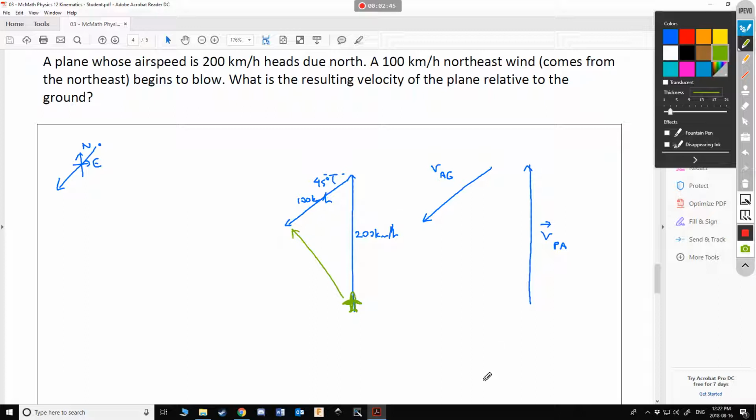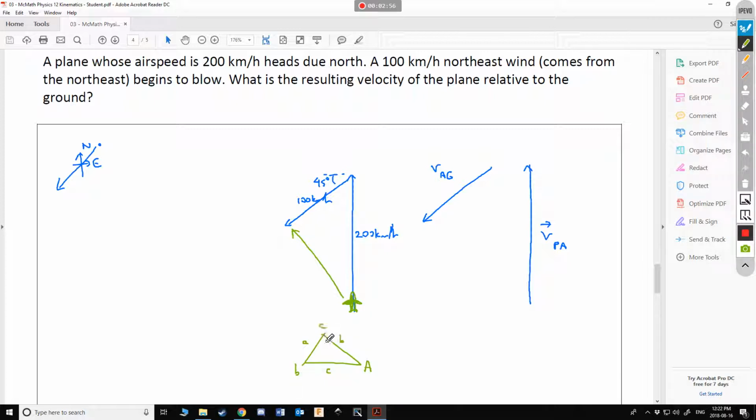What you may remember is that if we're given some triangle ABC, with angles A, B, and C, we use capitals for the angles and lowercase for the lengths. We can say that sine A over a is equal to sine B over b is equal to sine C over c.